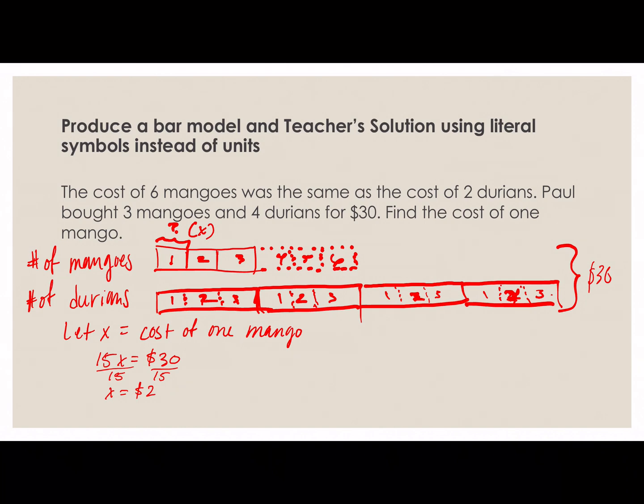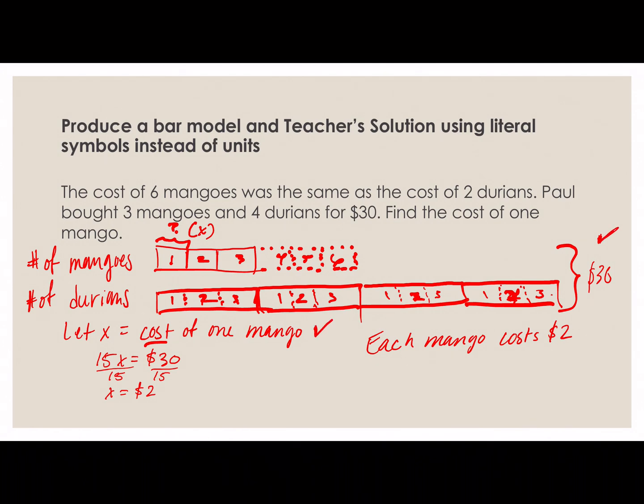So write our answer in a sentence. Okay, notice that let x be the cost of 1 mango, which means it's a number. Okay. We have these numbers. So here I have my bar model with a question mark.